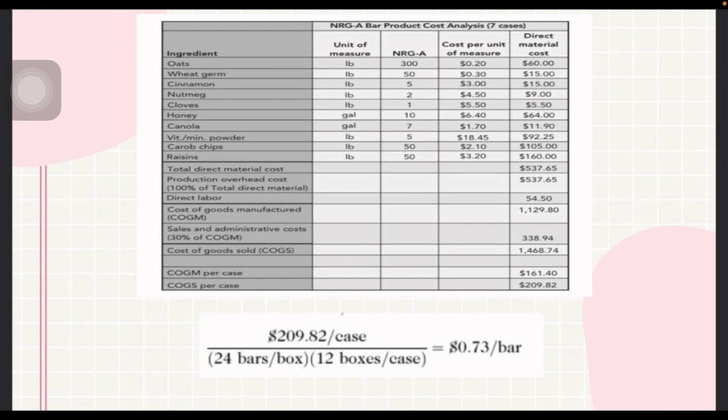So, given that there are 24 bars in a box and 12 boxes in a case, the current cost of an NRGA bar is $0.73.